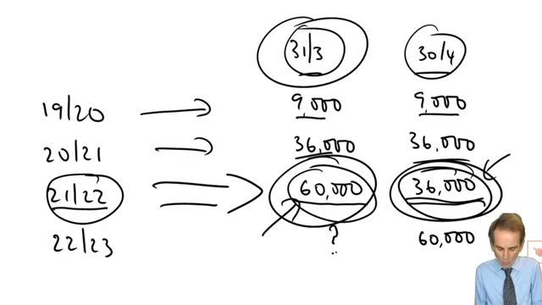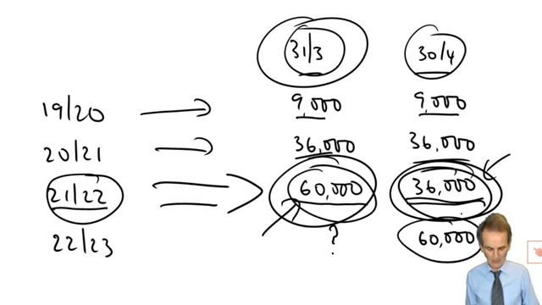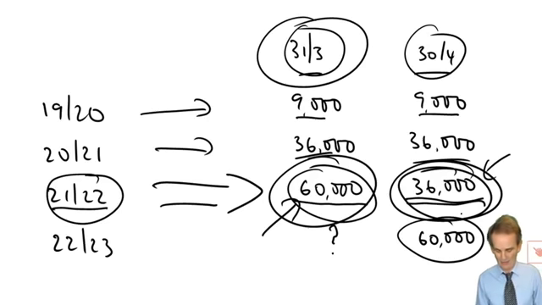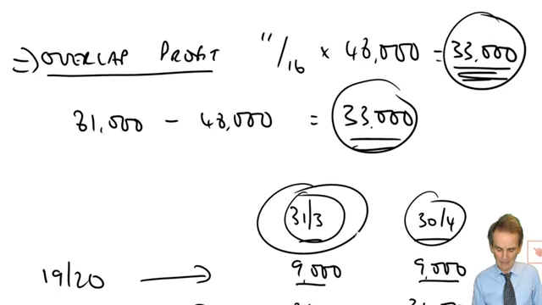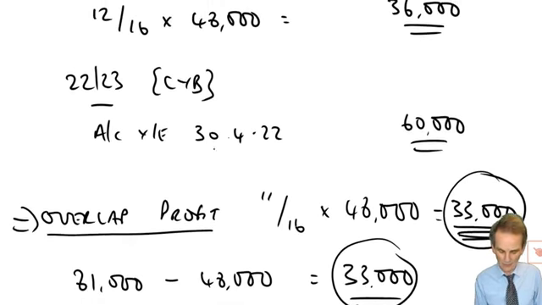Now you might be saying, but what then happens in the next year and beyond? Now we know that it's the £60,000 that is assessed in 22-23. That, you'll remember, was, I'll just look back to it here, in 22-23, the year ended 30th of April 22.